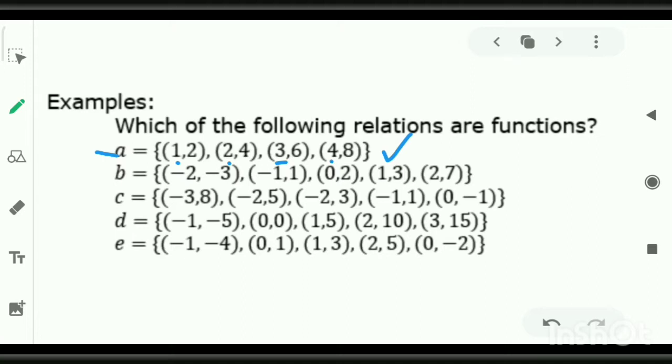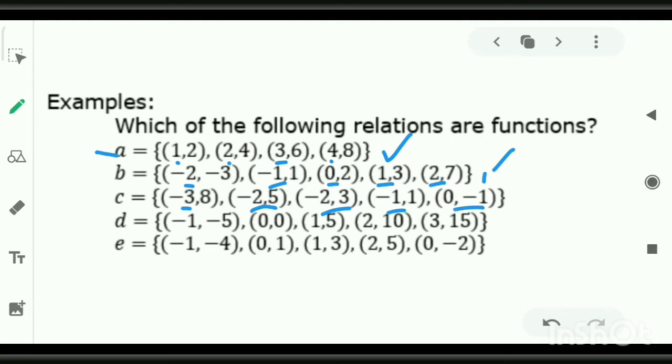Next, set B. Now again, let's look at the set of the x elements. Since there is no duplication of the x elements for set B, then set B is a function. Next, set C. So we have (-3, 8), (-2, 5), (-2, 3), (-1, 1), and (0, -1).